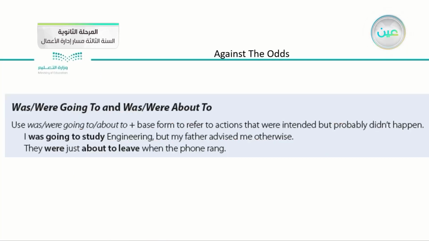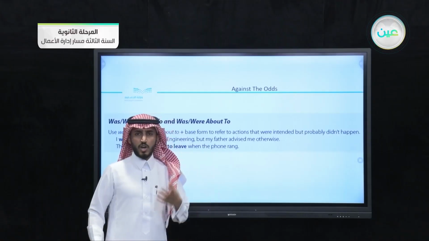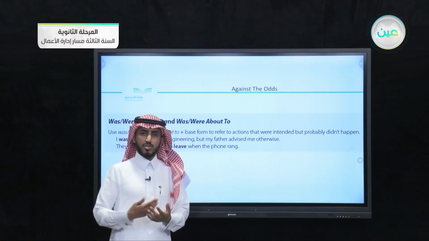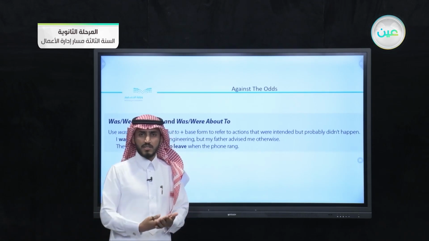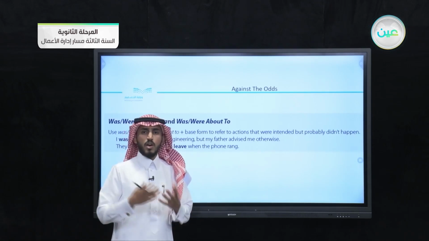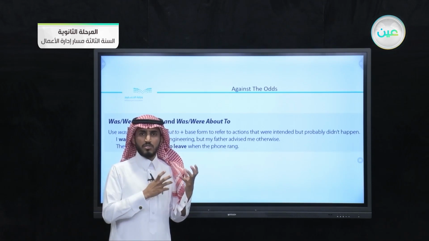After that, we have was or were going to and was or were about to. We use this form in order to show our intentions. For example, if you want to talk about something that you intended to do in the past but didn't do, this is the proper way to talk about it.